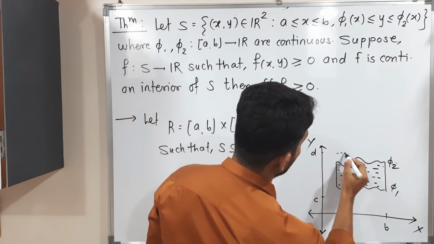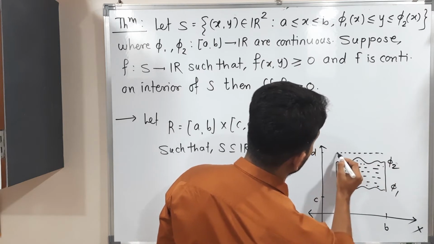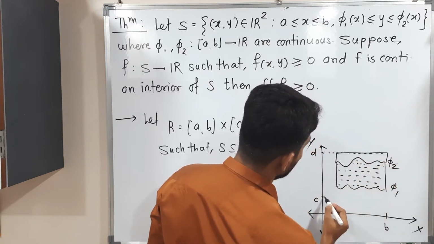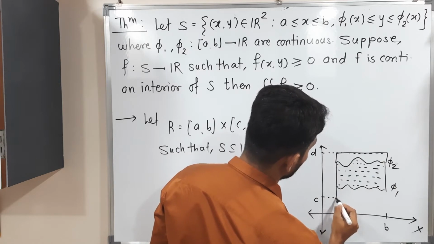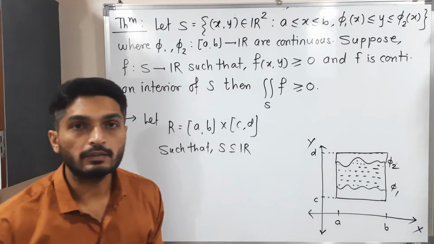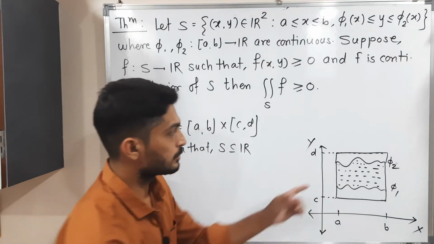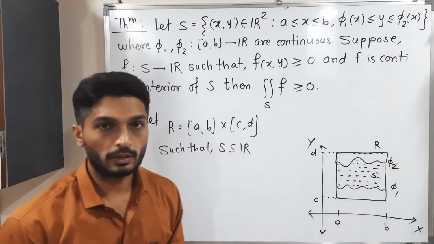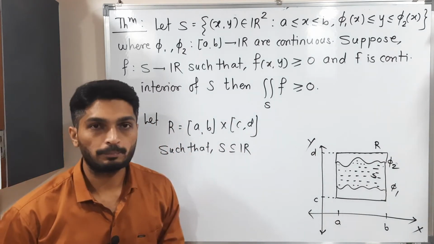So we will have D here, and C is here. That means using C and D, we have formed a rectangle R. So this is region S and this is rectangle R. We have defined it in this way.